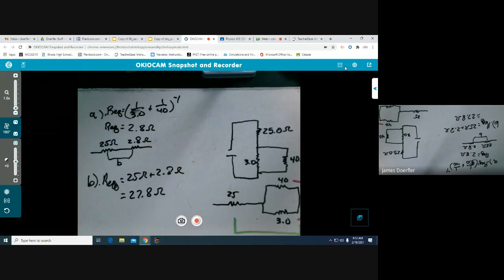Very good. And so, simplified, we've got this diagram.